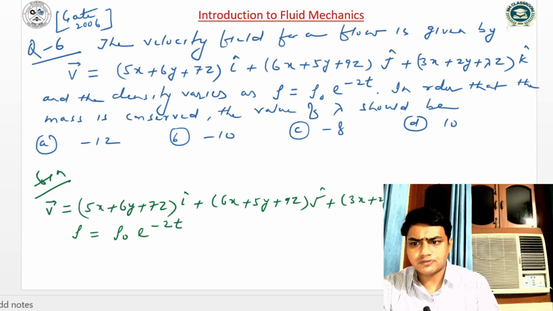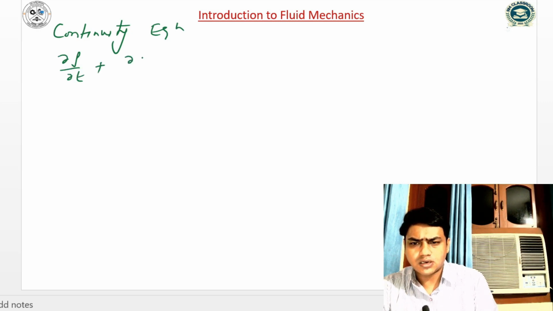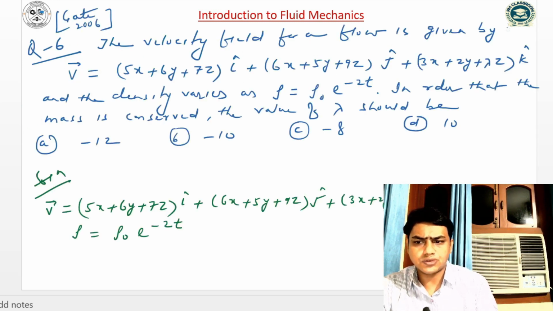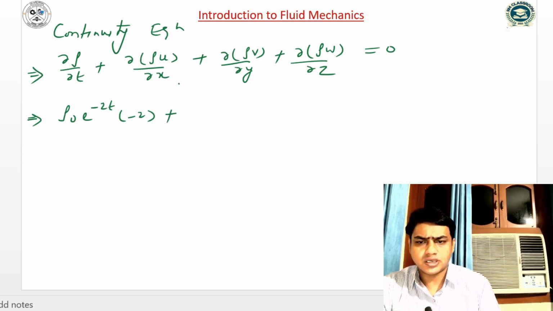So if I write the continuity equation, that is del rho by del t plus del (rho u) by del x plus del (rho v) by del y plus del (rho w) by del z is equal to 0. So del rho by del t, with rho equal to rho naught e to the power minus 2t, can be written as rho naught e to the power minus 2t into minus 2, plus rho into del u by del x.